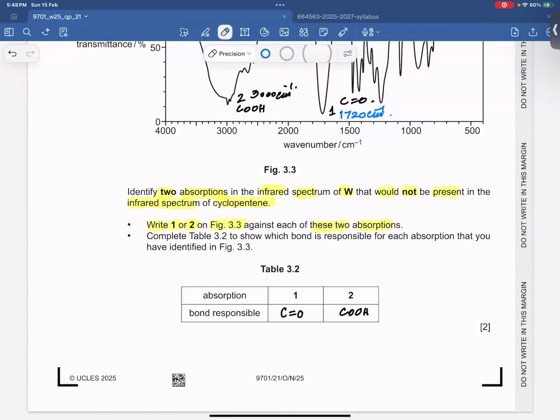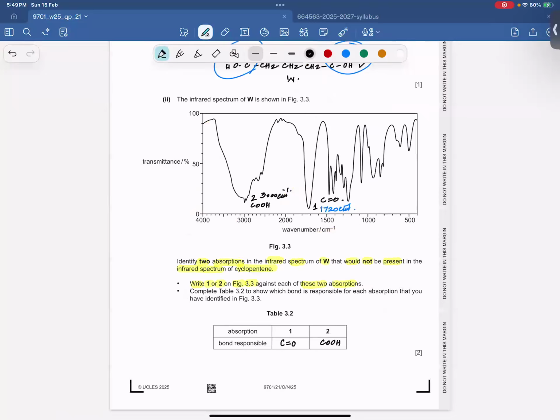The examiner is looking for the bond. They are not looking for the value. Write 1 or 2 on the figure, 1 and 2 on the figure. Absorption 1, bond responsible. Okay, that's the end of this part.